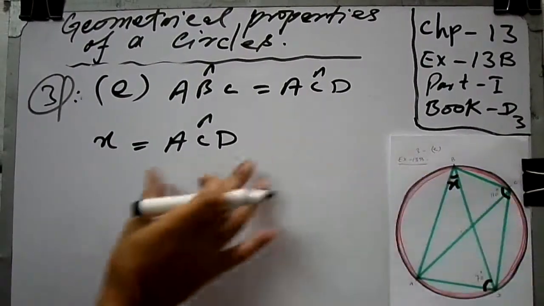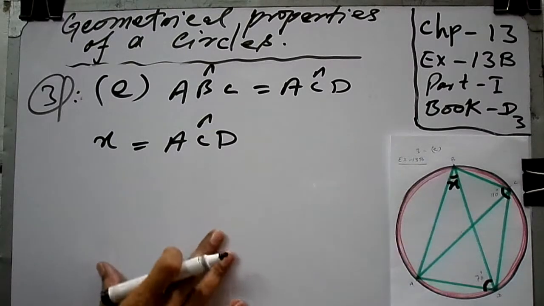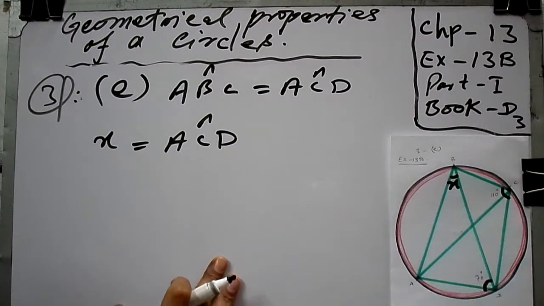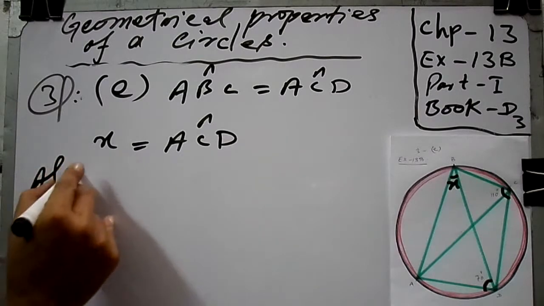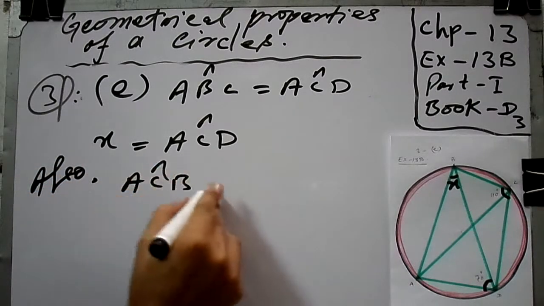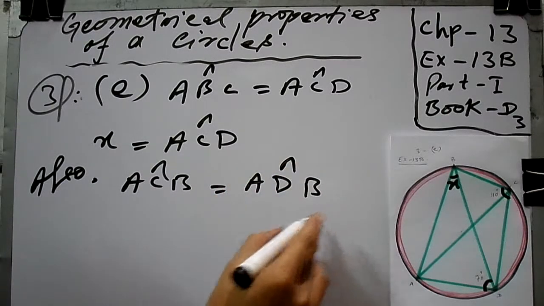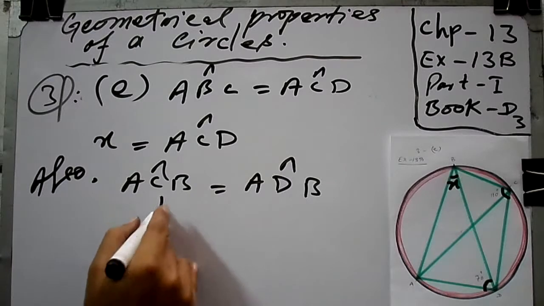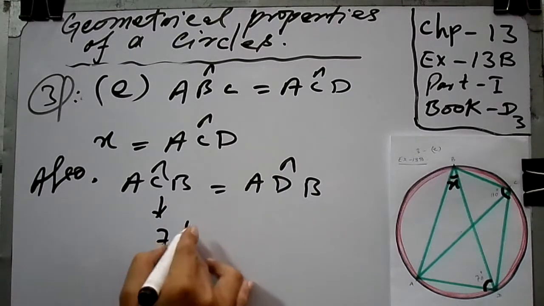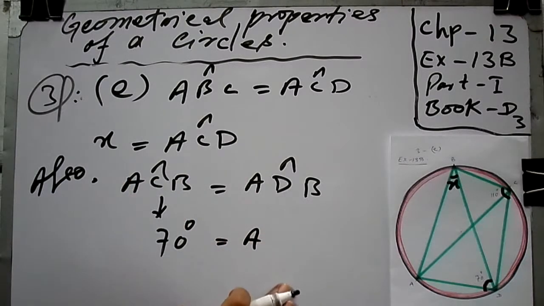So this must be equal because in the rectangle opposite corners are equal. Also, you can notice here that ACB is equal to ADB, and ACB is equal to 70 degree.